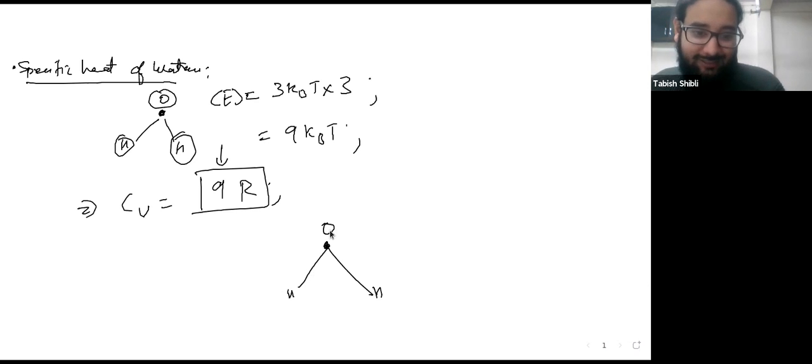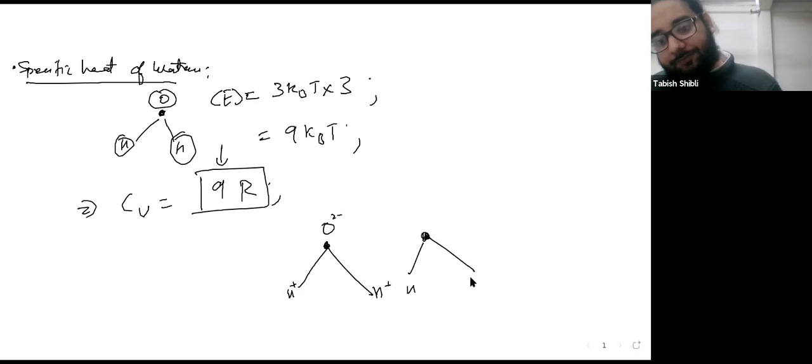Oxygen is O2 minus. Yes, this was H plus, this was H plus, this was 2 minus. Now, there is another molecule of water on its side. This hydrogen will also be attracted towards this oxygen, right? This is what we call hydrogen bonding.